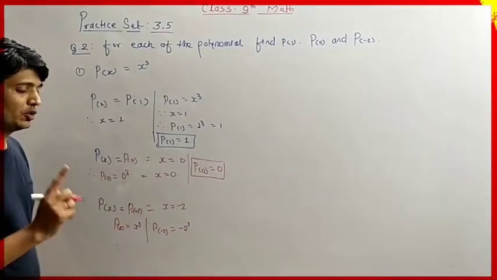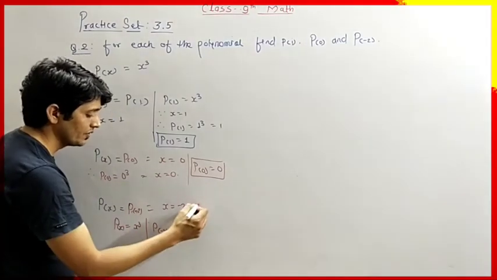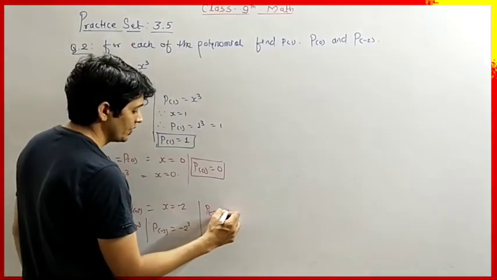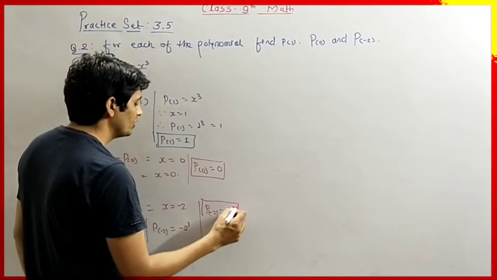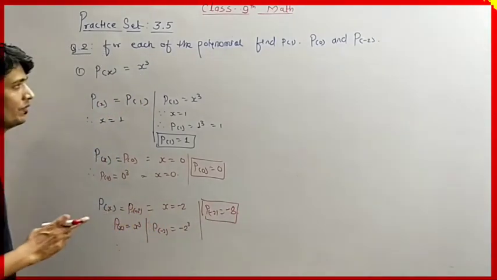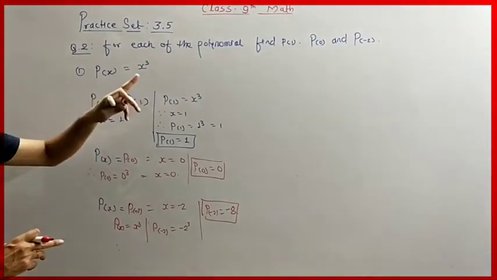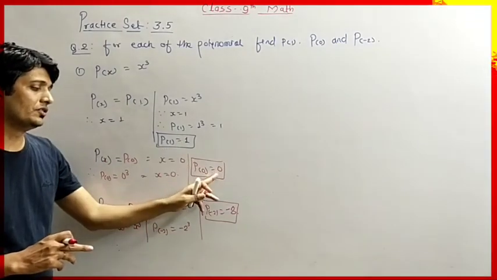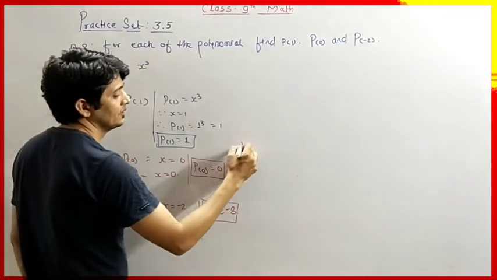So minus 2 into minus 2 into minus 2, the answer will come negative. So P minus 2 equals minus 8. Therefore, the values of the polynomial for P1, P0 and P minus 2 are 1, 0 and minus 8. That will be our result.